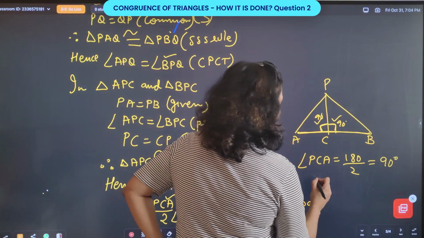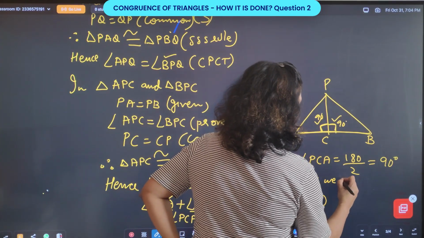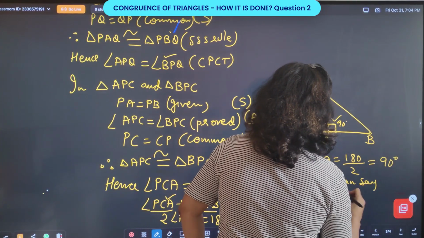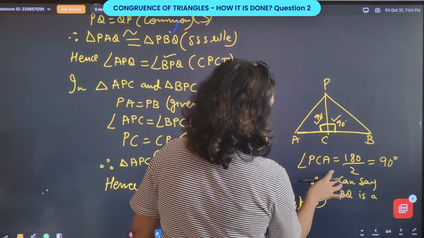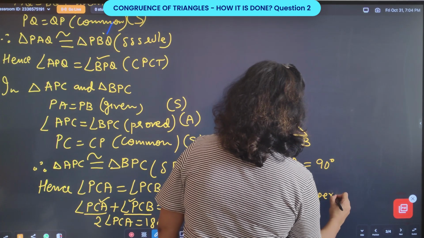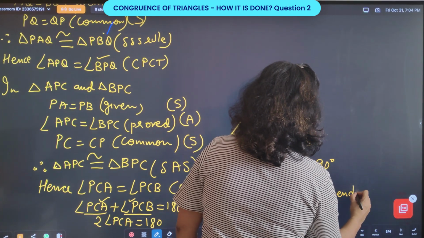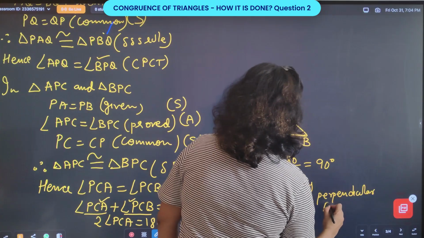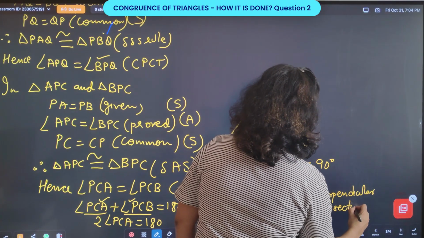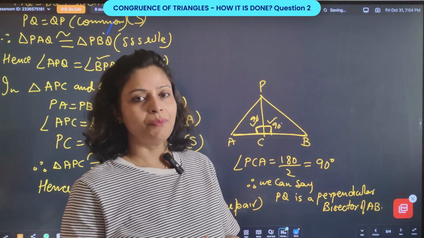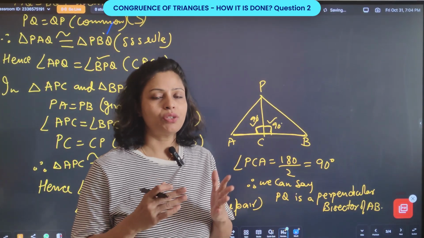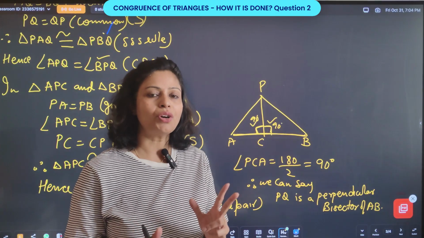Therefore, PQ is a perpendicular bisector of AB. Got it? This is a very important question which involves two congruency steps.